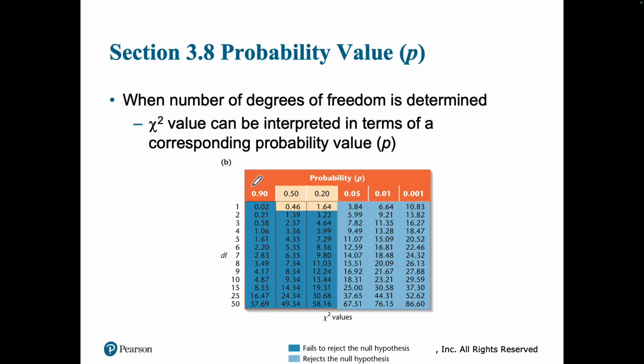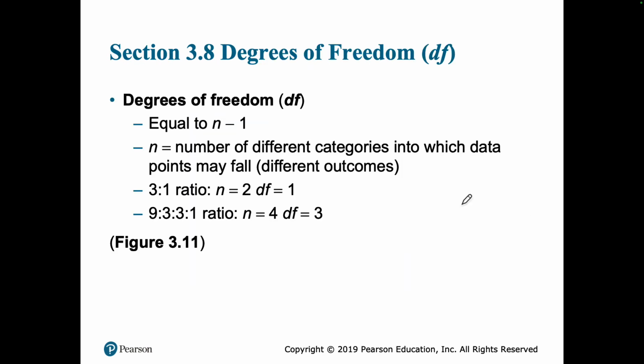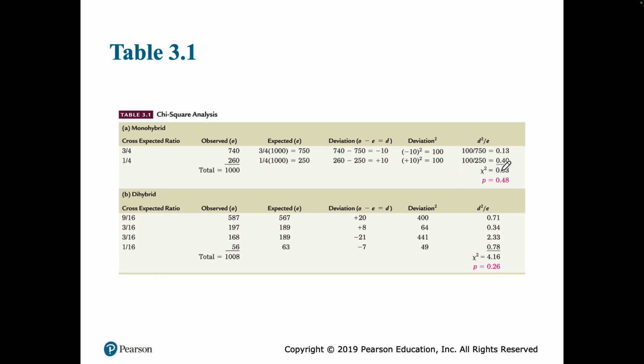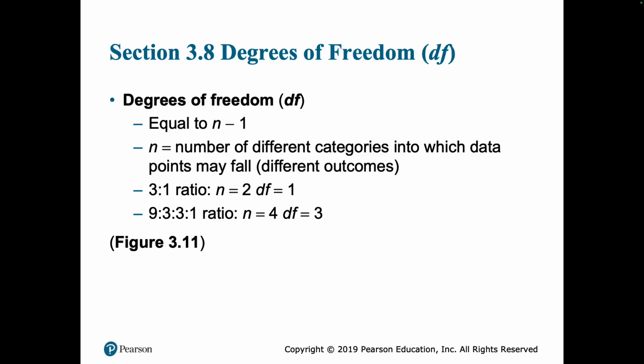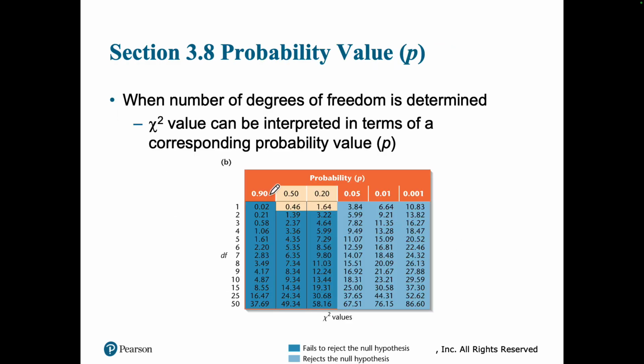And again, this is the table. So we saw on the previous slide that the p-value was 0.48, but what we're interested in is also this chi-square value, 0.53. So let's go back here. Here's our row for 1 degree of freedom.